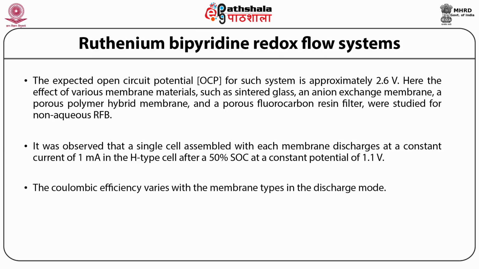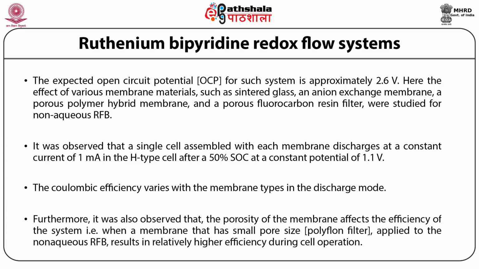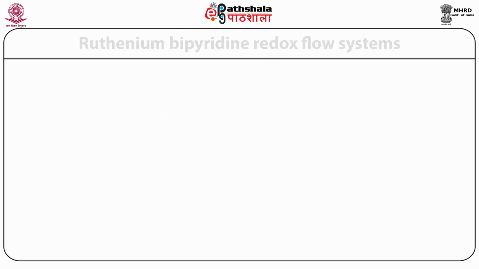The Coulombic efficiency varies with the membrane types in the discharge mode. Furthermore, the porosity of the membrane affects the efficiency of the system. That is, when a membrane with a small pore size, such as a polyflon filter, is applied to the non-aqueous RFB, it results in relatively higher efficiency during cell operation.